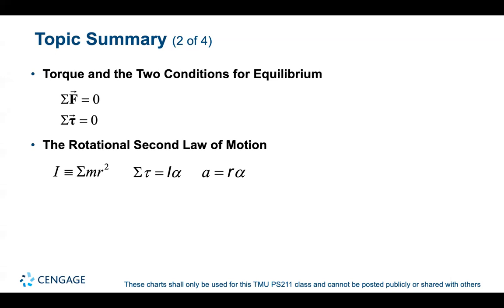This equation is a rotational equivalent of the second law of motion. Problems are solved by using this torque equation together with Newton's second law and solving the resulting equations simultaneously. The relationship between a and alpha is often key in relating the translational equations to the rotational equations.